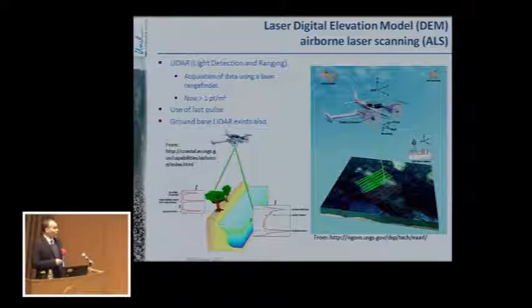You have the ground, you have the canopy, and you have intermediate reflections. From the time, you get the distance with the velocity of light. This can also be done with ground-based LiDAR, as you will see. What we usually use is the last pulse. It can also be done in shallow water. This is called shoal. And now the number of points you get can be more than 1 point per square meter.